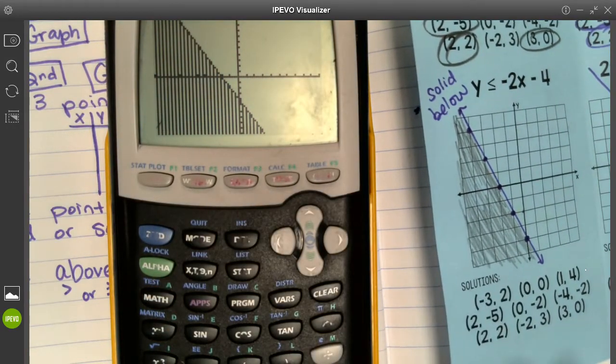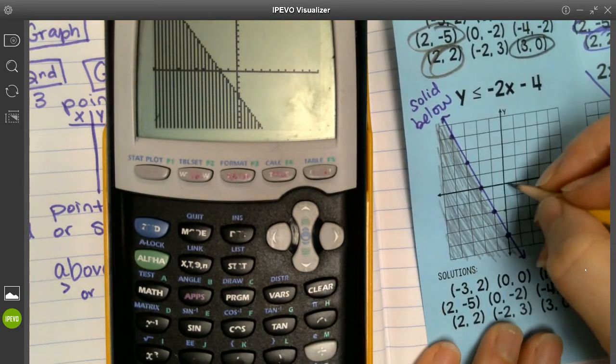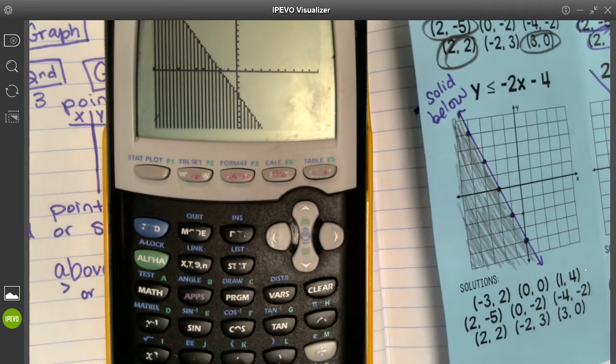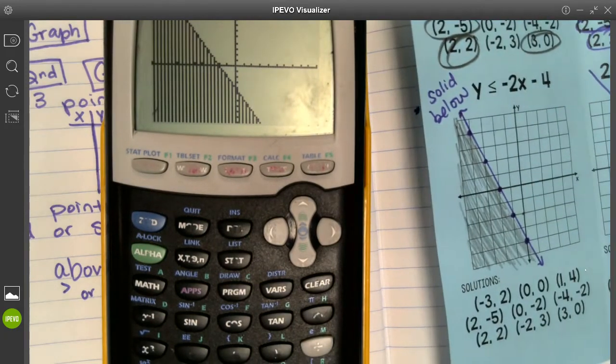Plot your points. Anything on a solid line is a solution.